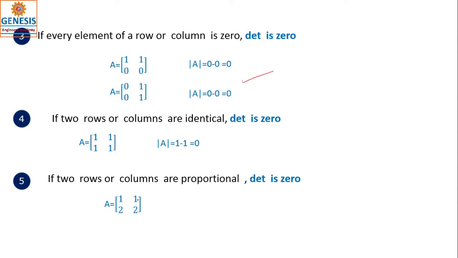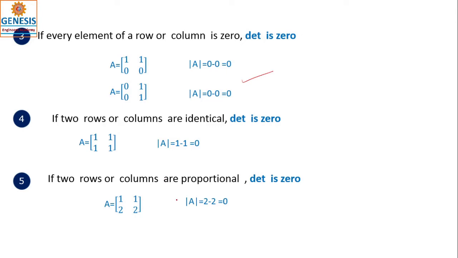So either two rows are equal or two columns are equal, or even if the rows are multiples of any row or any column, the determinant is 0.